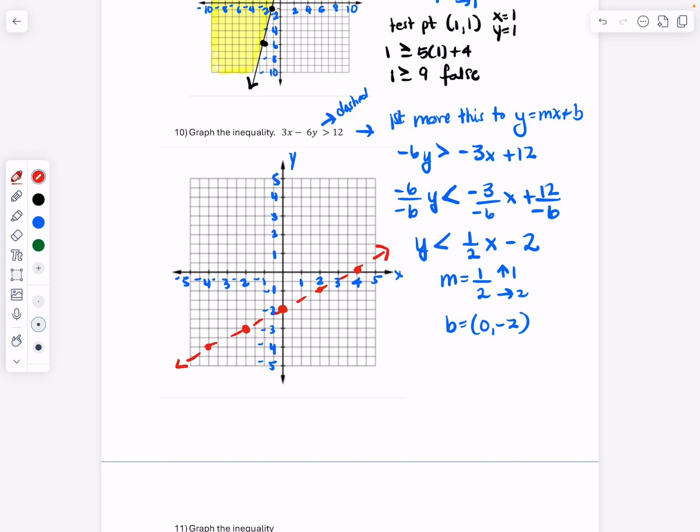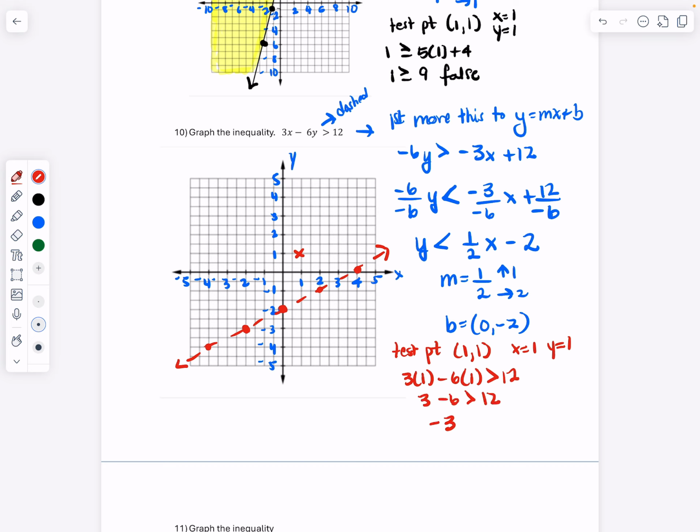Again, I'm not done. I have to use a test point. Because my line is not on (1, 1), I'm going to choose that. So x equals 1, y equals 1. I plug it into the original: 3 times 1 minus 6 times 1, is that greater than 12? Well, 3 minus 6 is negative 3, and that is not greater than 12.